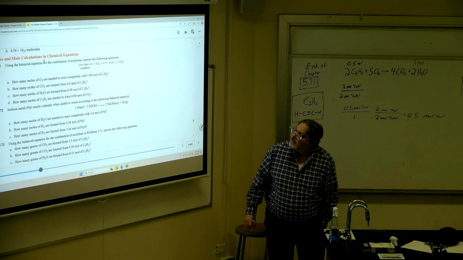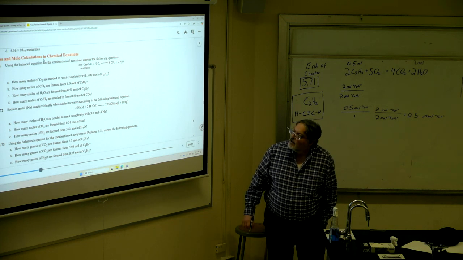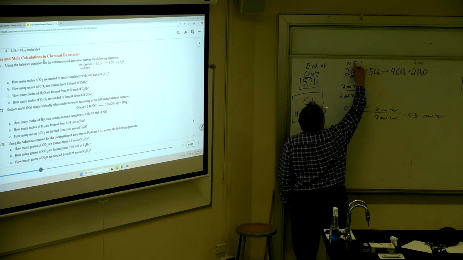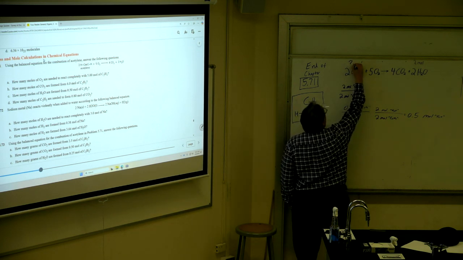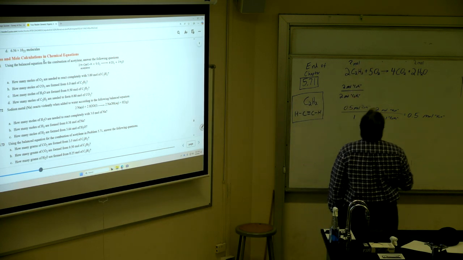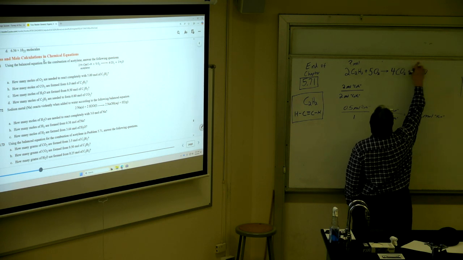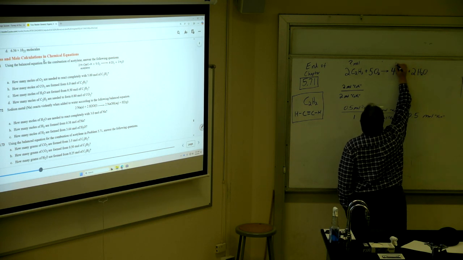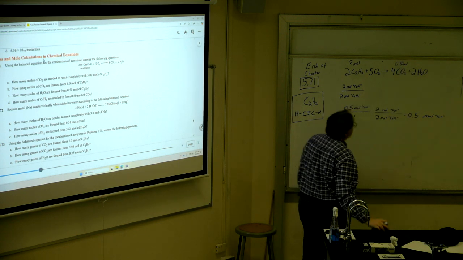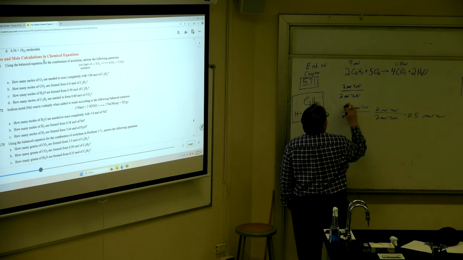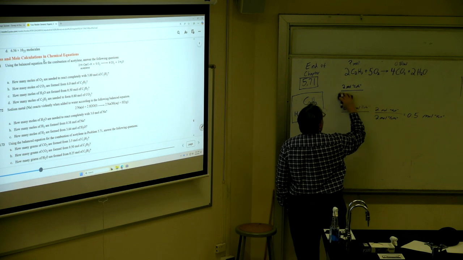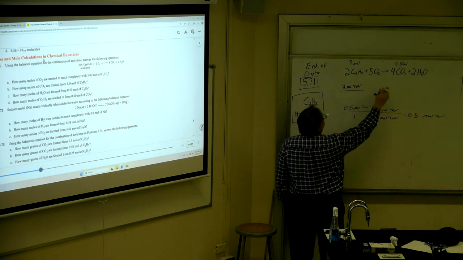The next one we're relating to CO2. This one is saying how, so now this time this one's the question mark. How many moles of this needs to react to make 0.80 moles of CO2? And that's two significant figures. 2 moles of this to 4.